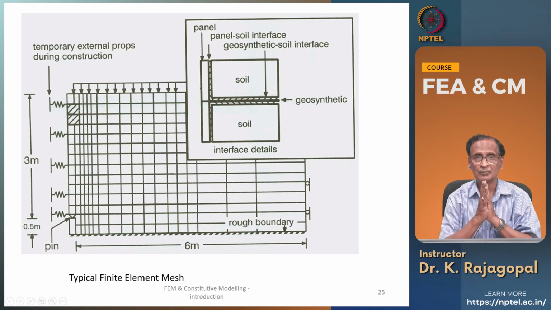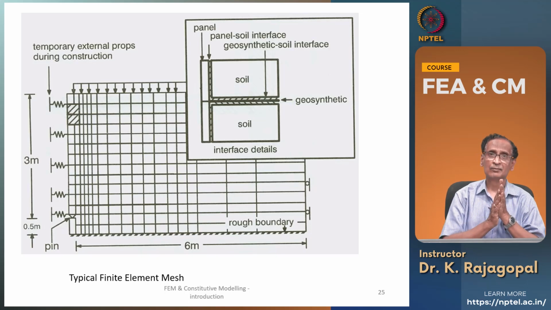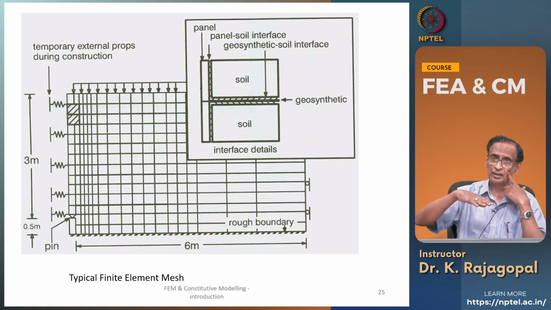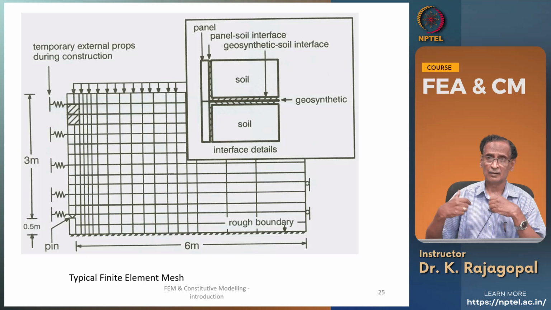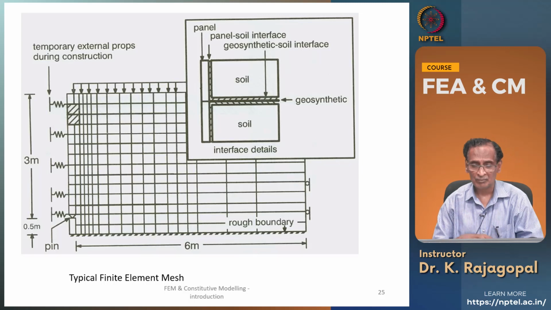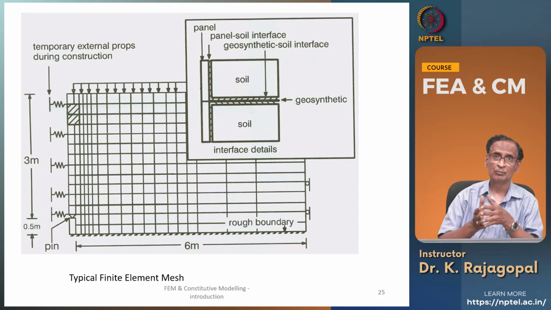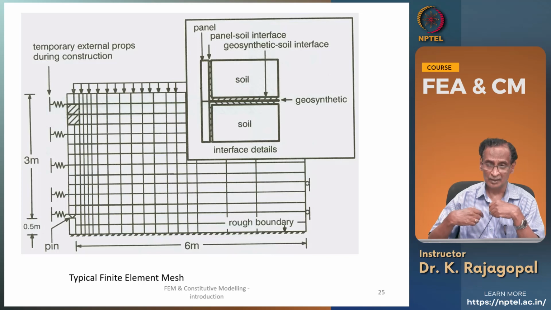We have to allow for separation or sliding, otherwise we'll be unduly increasing the strength of the soil, because if you allow the soil to bond with the facing panel, it will behave as if it is as strong as the facing panel. The facing panel itself is a very strong material. Similarly the geosynthetic has a much higher tensile strength, whereas the soil has only compressive strength. It has only some shear strength, it does not have any tensile strength.